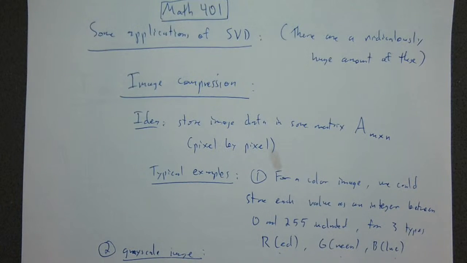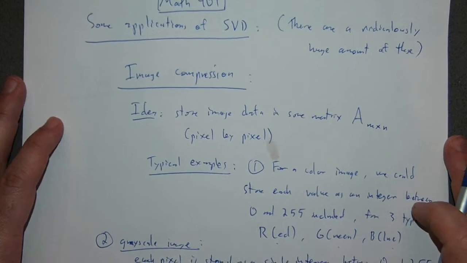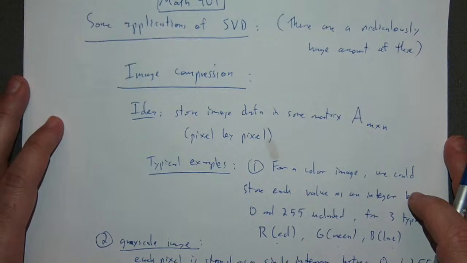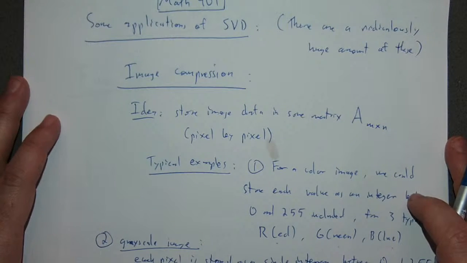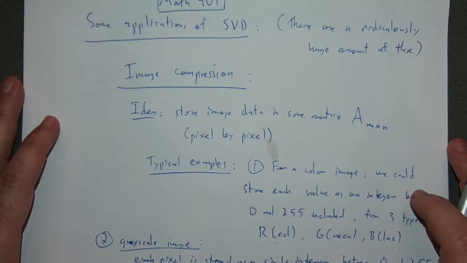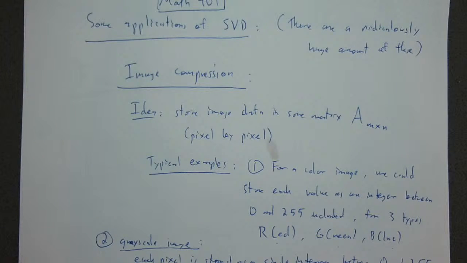The idea is that I take an image that I think of as storing the, say, color data for the image, pixel by pixel. Then if this is a 200 by 200 pixel image, this would be contained in a 200 by 200 matrix.